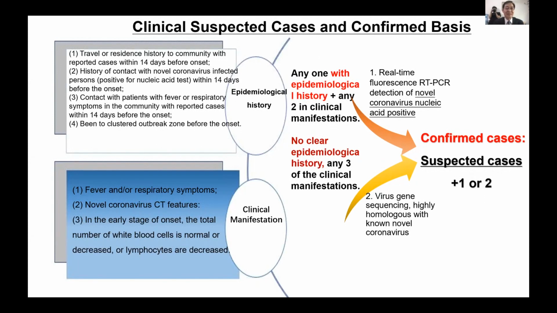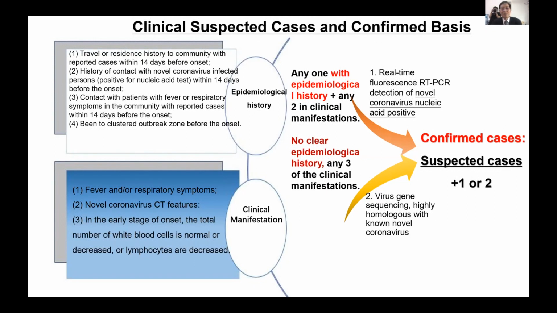How do you diagnose clinically suspected cases? It includes two points: epidemiological history and clinical manifestation.